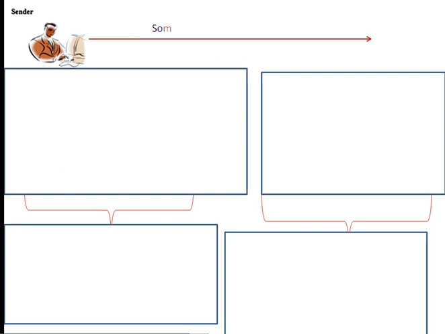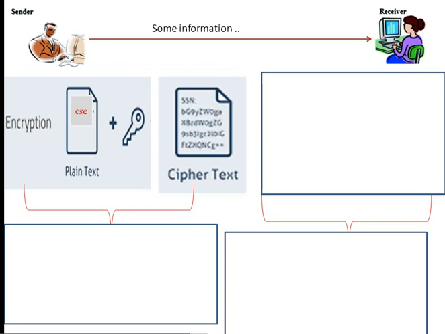Now sender A wants to send some information to receiver B. He wants to send CSE as a message, a computer science and engineering message.